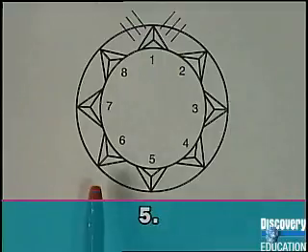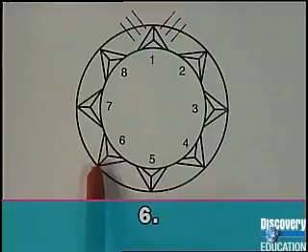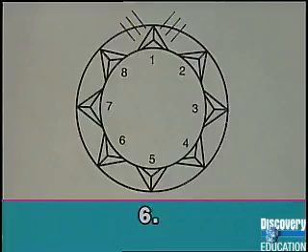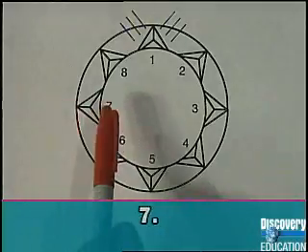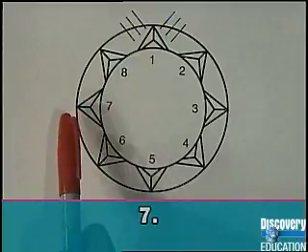Let's look now at number 6. Find the name of this direction in the answer key. Write the letter of your response next to number 6. Number 7, the direction over here, see if you can find it in the answer key.